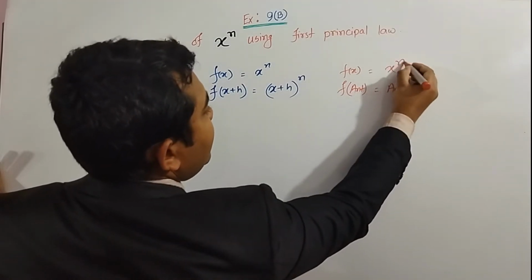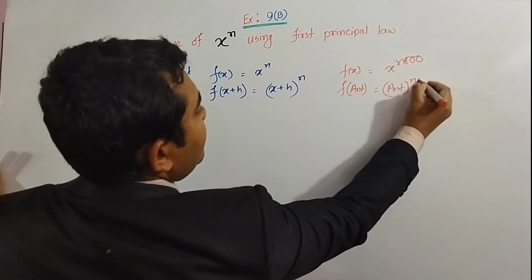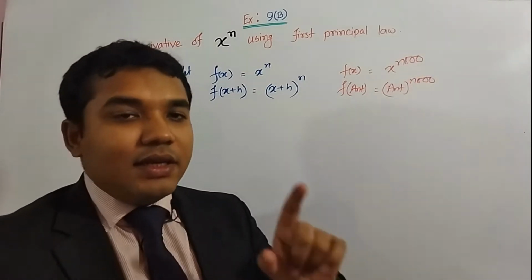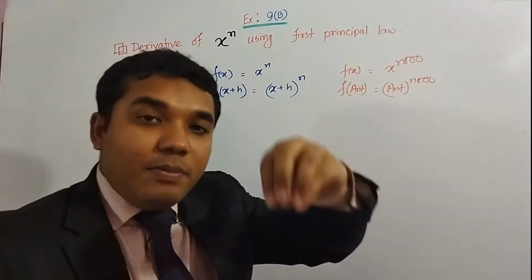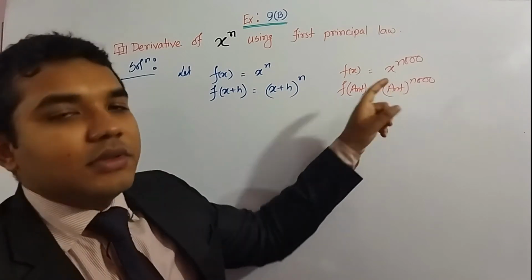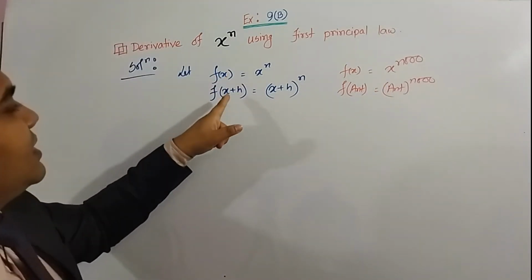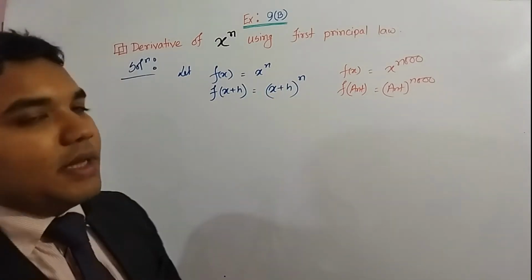The main fact is that whatever is in place of x, we substitute it. Here it was x, here it is x plus s. That's why we have written x plus s.